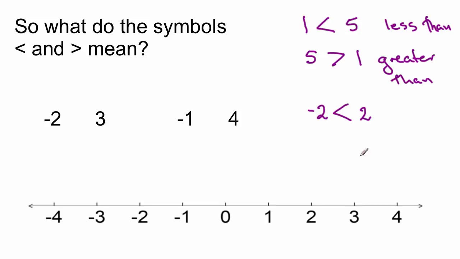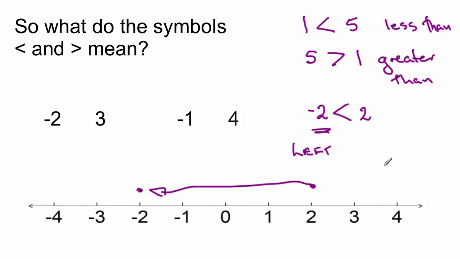The main thing to remember really is that if the arrow is pointing to a number, we would say that number is further to the left than the other number on the number line. So -2 is further to the left. Here's 2 and -2 is here, and we would say -2 is further to the left than 2.